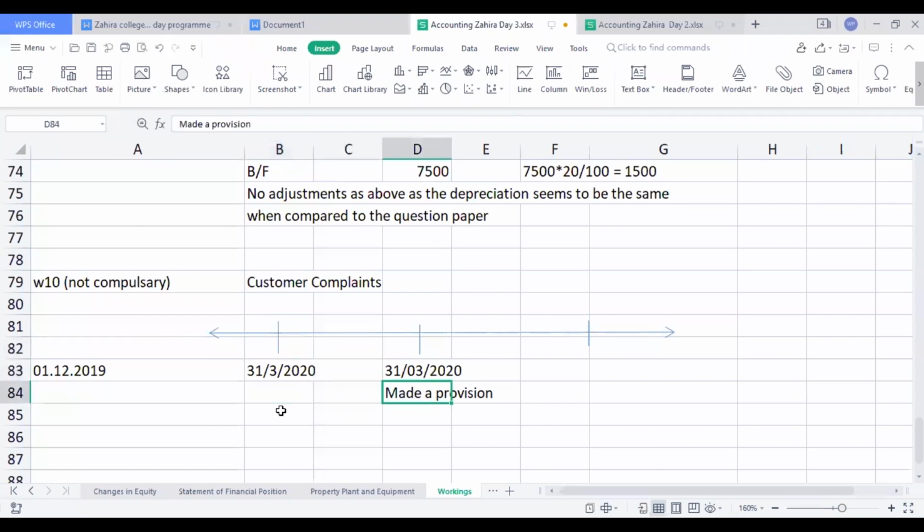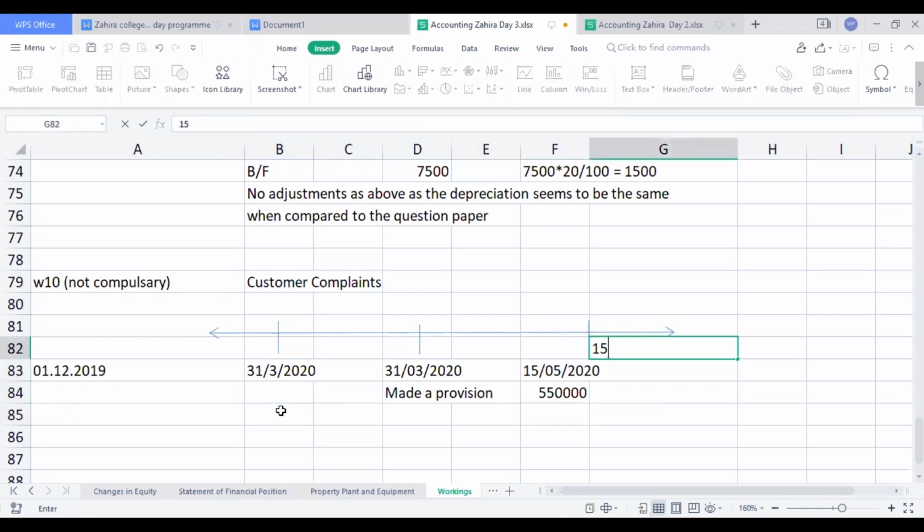They made a provision on 31st/3/2020, but it was informed that he needs to pay an amount of 550,000 on 15th/5. So the authorization of the financial statement is on 15/6/2020. When you see this adjustment, what do you understand? One particular thing you need to know when you are doing this: how do you consider it is important to adjust it or not when there's a verdict?